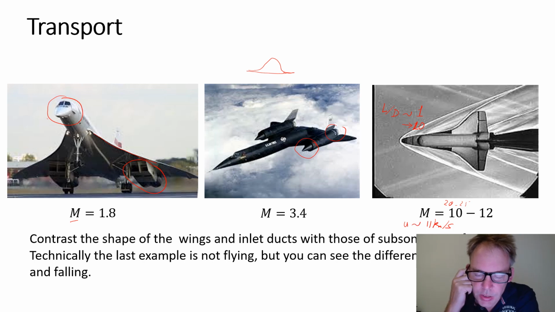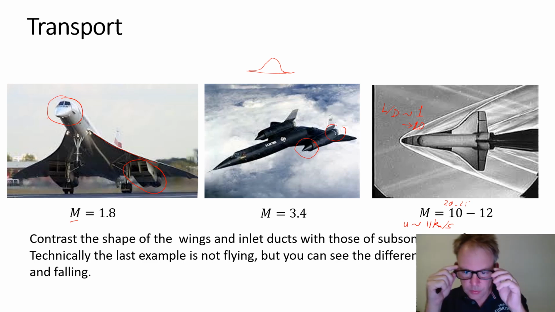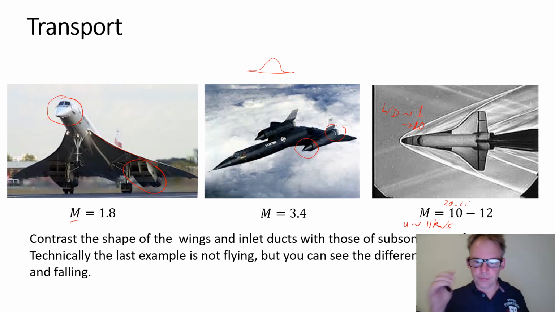And that quickly has to decrease down to something a bit more meaningful: at sea level, the speed of sound is about 340 meters a second, so that has to decrease down to 340 meters a second, and then ultimately down to 0 in order to stop.